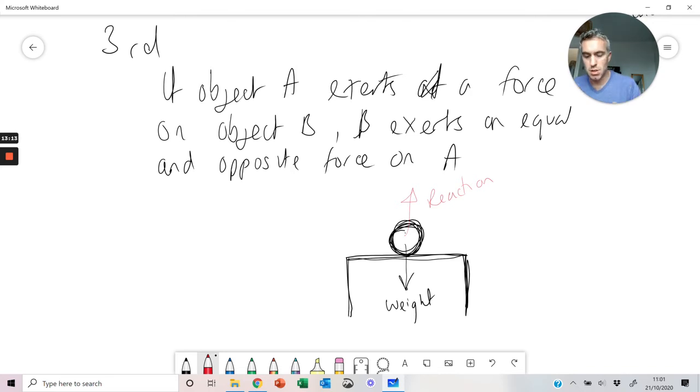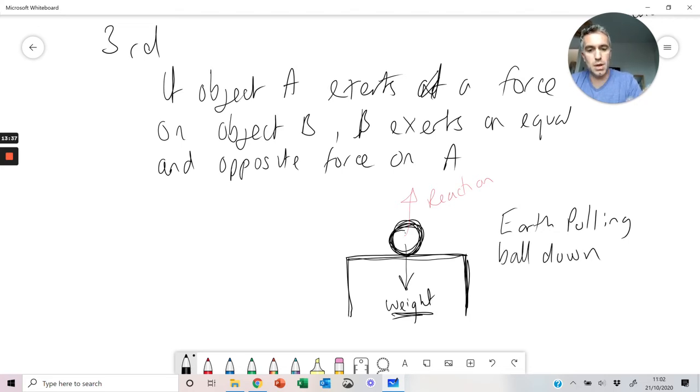So if we look at Newton's third law, the third law pairs are weight. Now what is weight? Weight is the force due to gravity acting on something. The weight is basically the earth pulling the ball down. So if object A is earth, object B is ball.